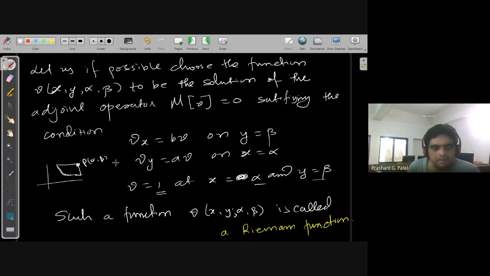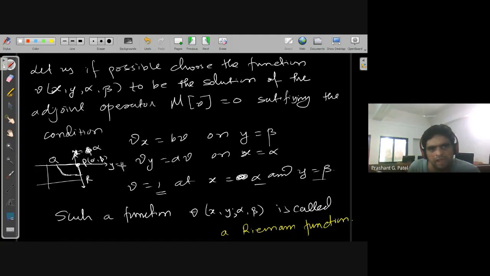This is the value R, and this is the value Q. So on y equal to beta, that means this line, this is the line where y is beta. And this is the line where x is alpha.